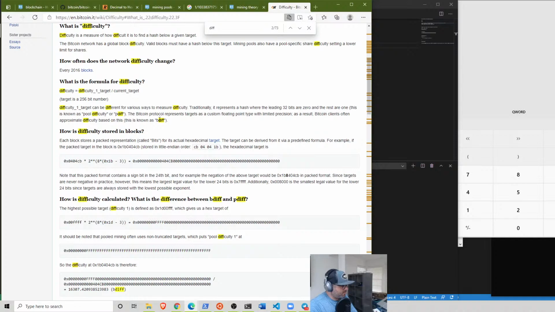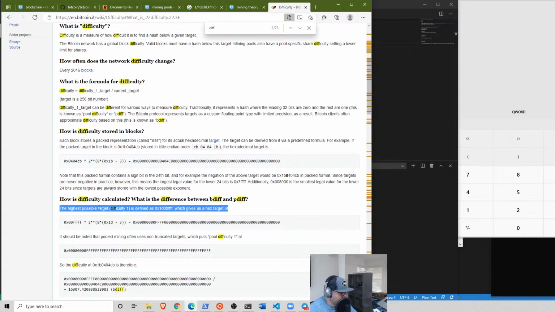Difficulty 1 target can be different for various ways to measure. It traditionally represents a hash where the leading 32 bits are 0 and the rest are 1. It's known as the pool difficulty. Bitcoin protocol represents targets as a custom floating point tied to limited precision. As a result, different coins offer approximate difficulty based on this. What's the difference between BDiff and PDiff?